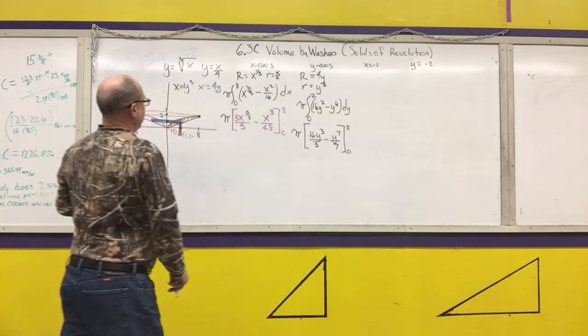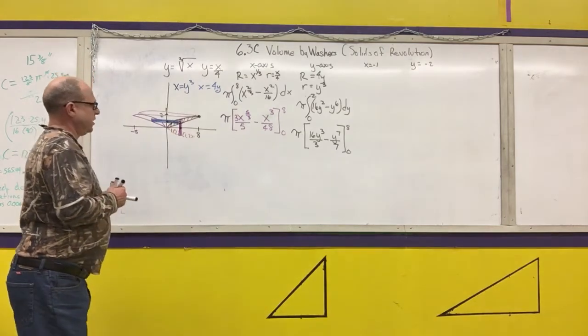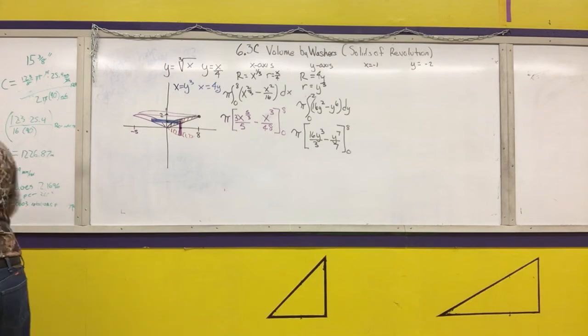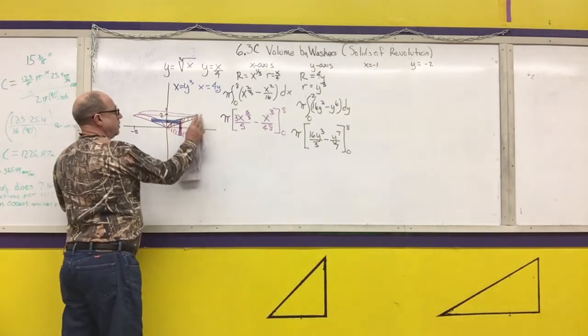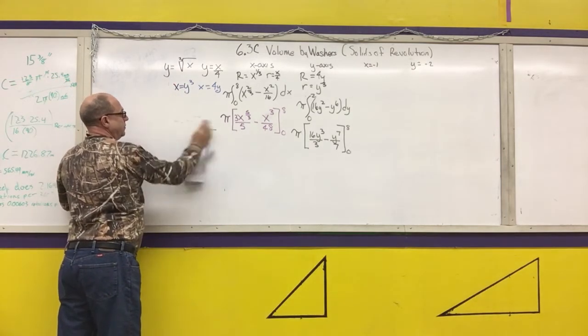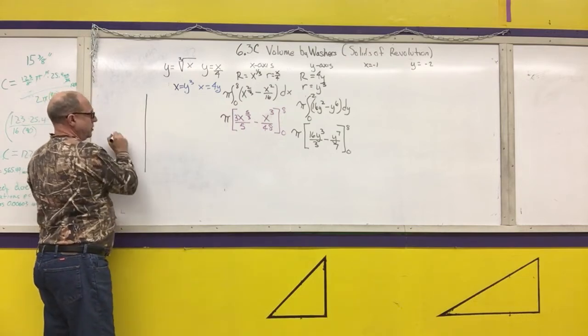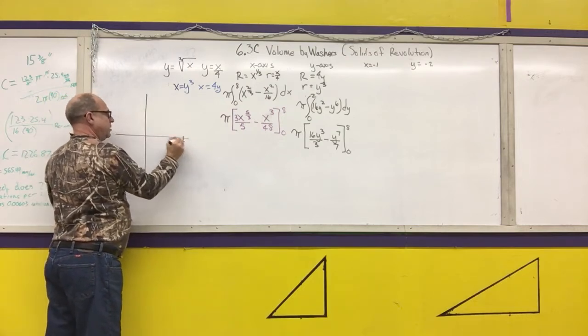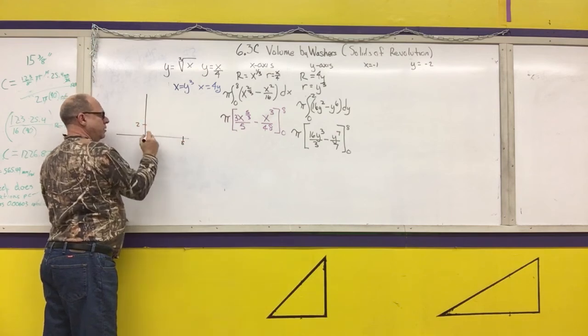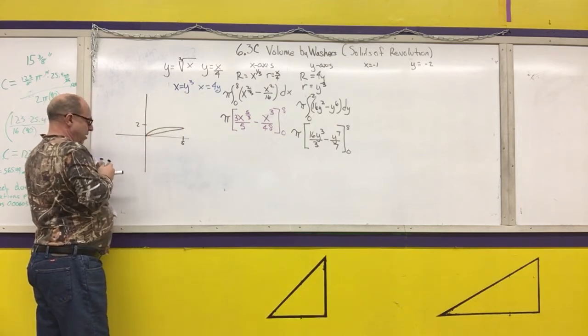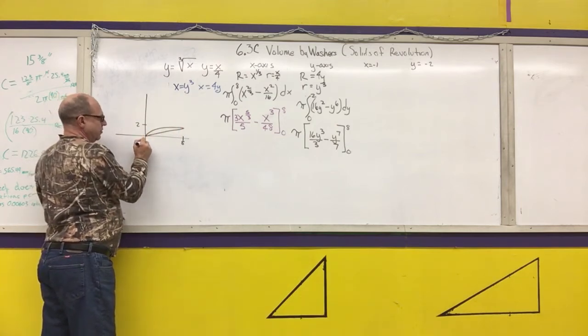My next one, I'm going to rotate around the line x equals -1. So what I'm going to do is I'm going to clean up my original curve. So if my original region, 8, 2, was this region, I'm now going to rotate it across the line x equals -1.